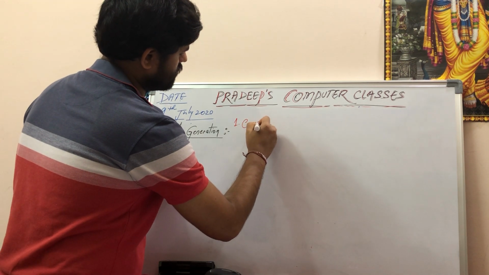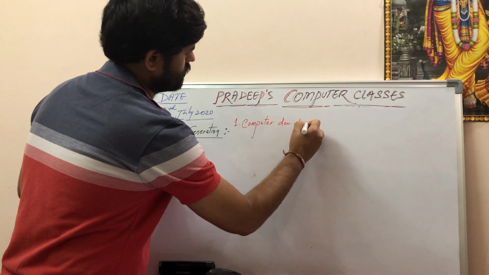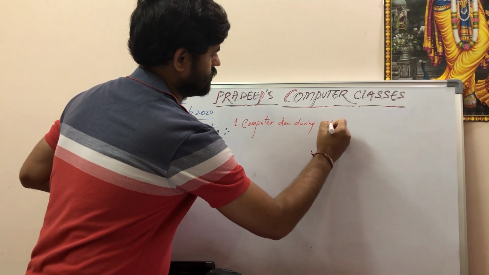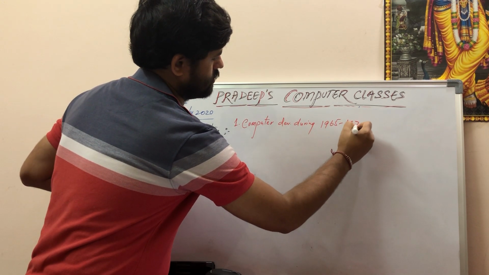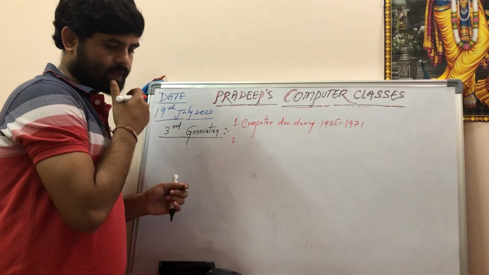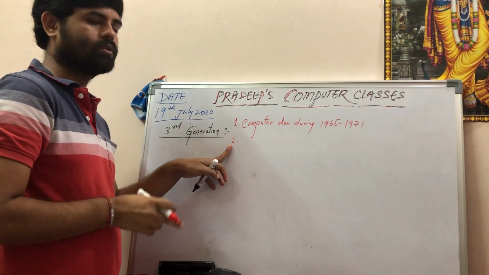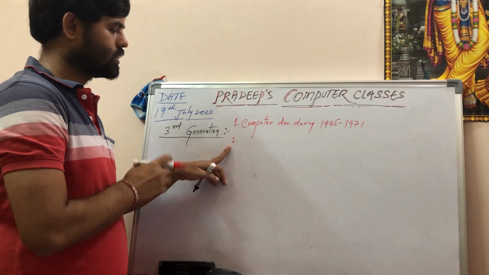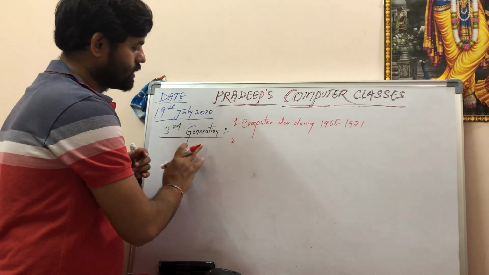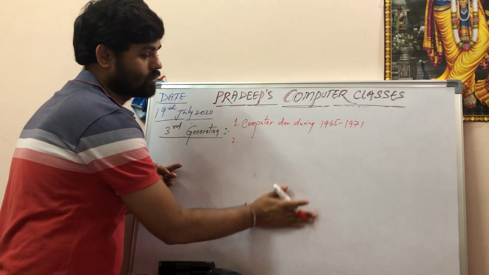Computer developed during 1965 to 1971. Okay. Second point. See, in the first and second generation, in the first generation we used vacuum tube, in the second generation we used transistor, but here we are going to use something different, because in the third generation an advanced technology has been used.